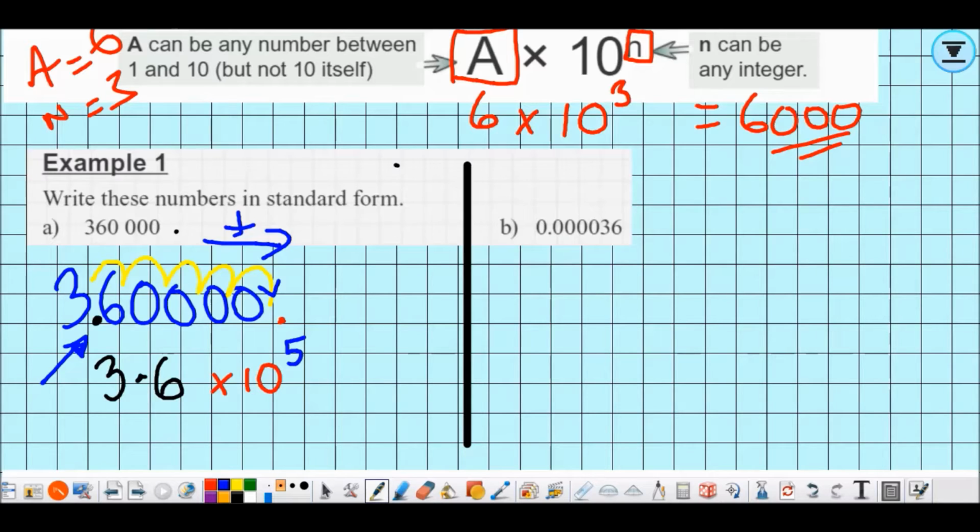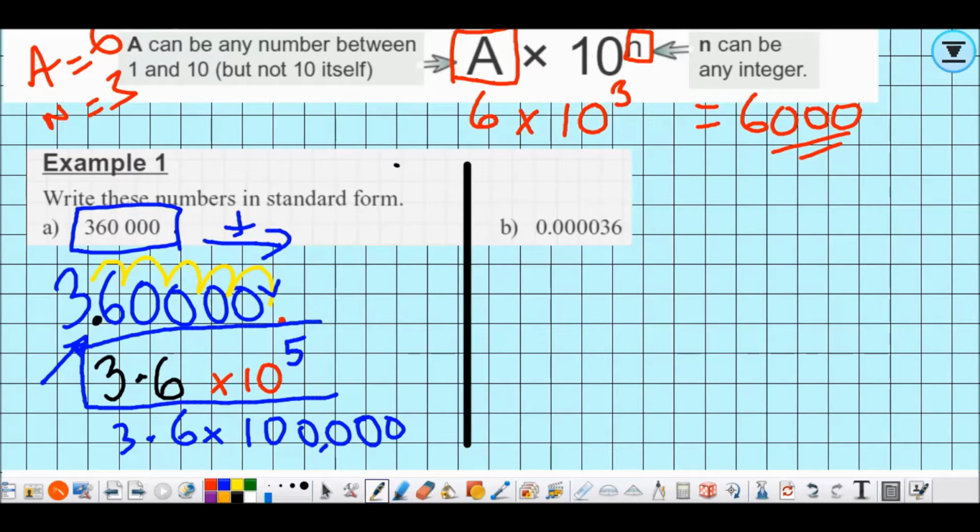Remember, 10 to the power of 5 would be 100,000. So if I did 3.6 times 100,000, I'm back to 360,000 where I started. So it's very easy to check whether you've got a positive or a negative value. So my answer for this one would be 3.6 times 10 to the power of 5.